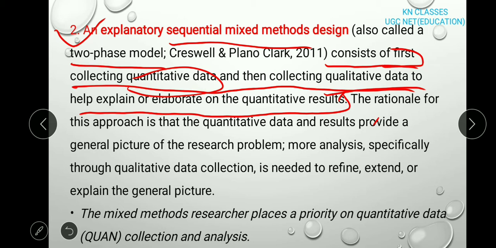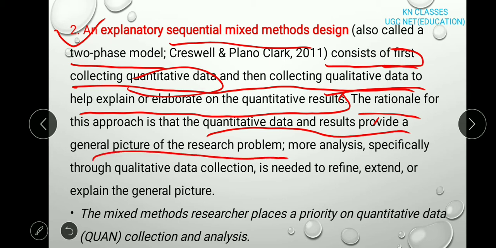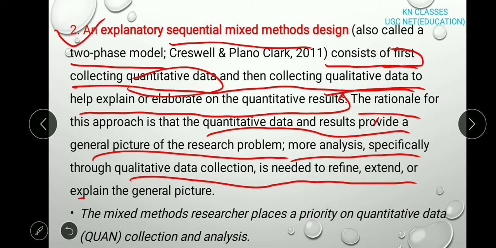What is the rationale? Why do we collect qualitative data? The rationale for this approach is that quantitative data and results provide a general picture of the research problem. More analysis, specifically through qualitative data collection, is needed to refine, extend or explain the general picture.